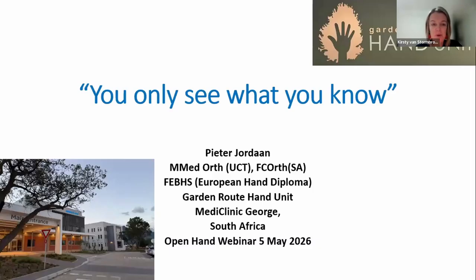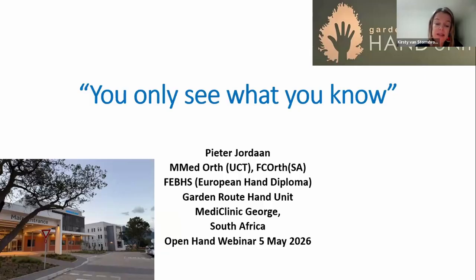Dr. Pieter Jordaan, it is a privilege to have you share with us this evening. Dr. Jordaan is an orthopedic hand surgeon and a peripheral nerve specialist in private practice in a city called George in South Africa. He specialized in orthopedics at the University of Cape Town, where he received numerous prizes and awards for his performance during that specialization process. He then went on to complete a number of hand fellowships, firstly at the Martin Singer Hand Unit in Cape Town, then at Wrightington Hospital in the United Kingdom.